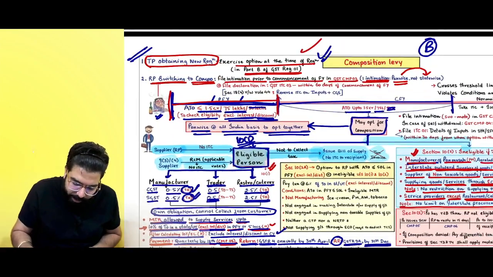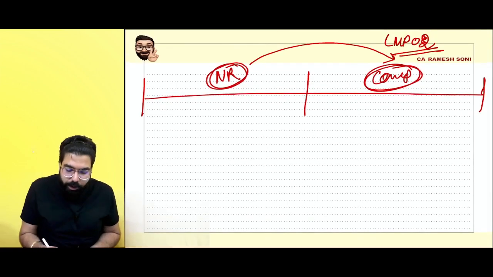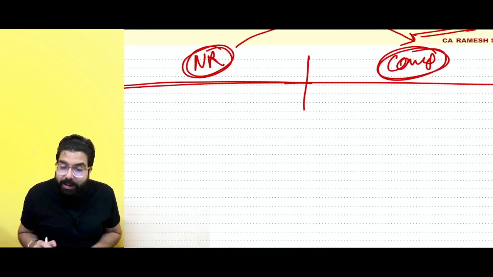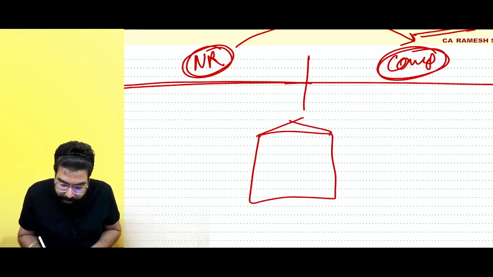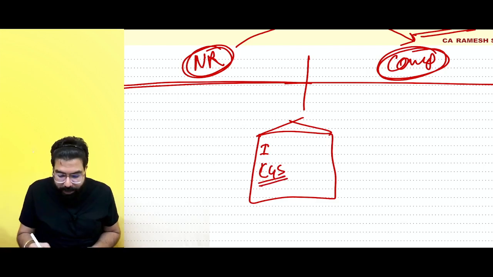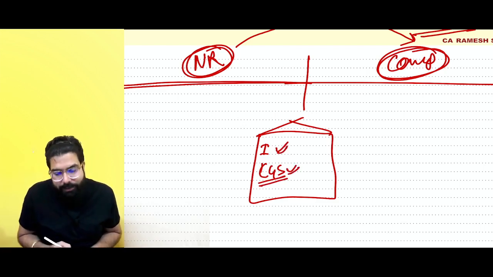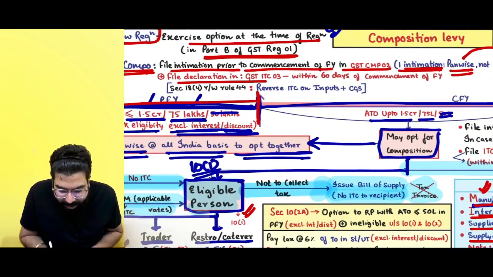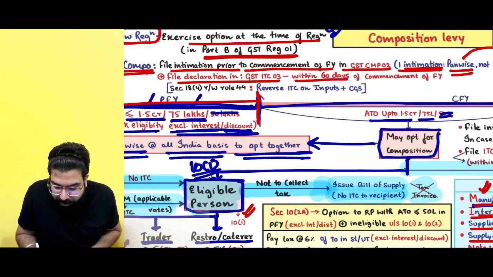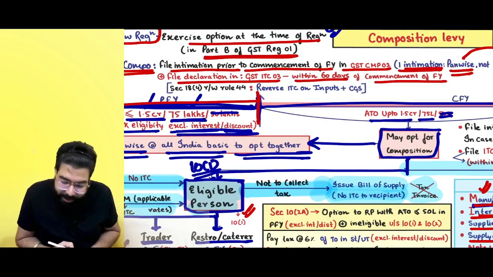Always remember one thing, because you were a normal registered person, you had taken the ITC. So on this date, whatever input and capital goods are there with you, on which you had taken the ITC, now you will have to reverse that and file GST ITC 03. File a declaration ITC 03 within 60 days from the date of commencement of financial year.